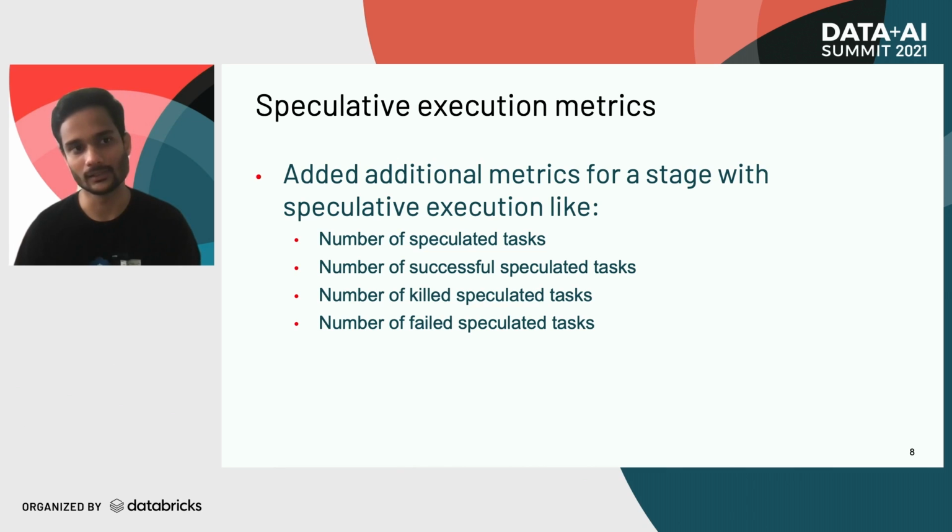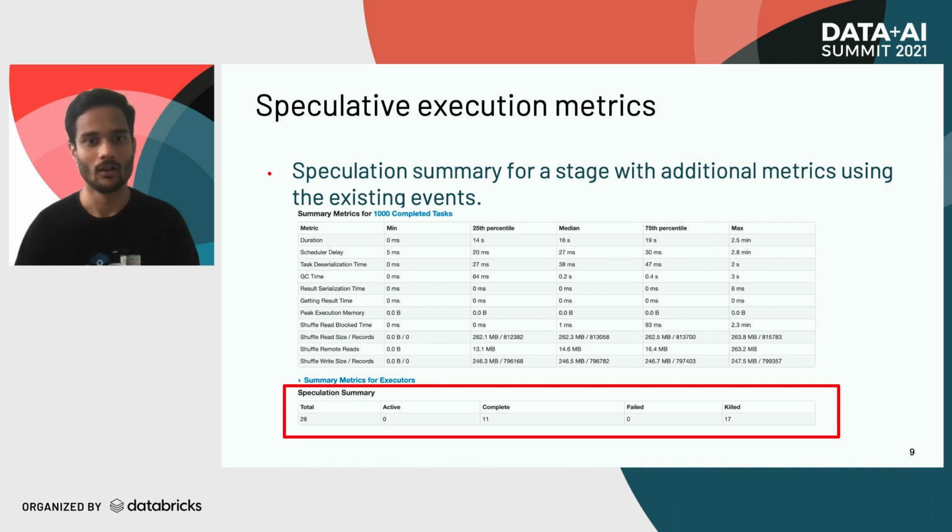Some of the metrics are the total number of speculated tasks for a stage, the number of successful speculated tasks for the stage, and the number of killed and failed speculated tasks for the stage. With the newly added metrics, we can get a speculation summary for each stage under the stage tab as part of the Spark UI, which we can see from this screenshot. These metrics help in further tuning the configs whenever needed.